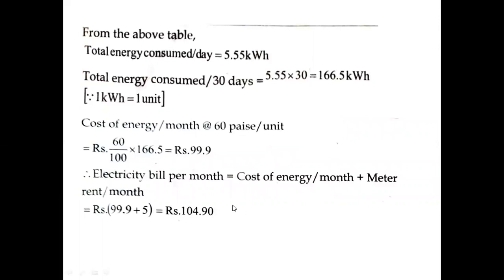So total energy consumed per 30 days is 5.55 into 30, 166.5 kilowatt hour. So 60 paise per unit. 166.5 into 60 by 100, 99.9 rupees, and meter charge is 5 rupees. So 104.90 rupees.